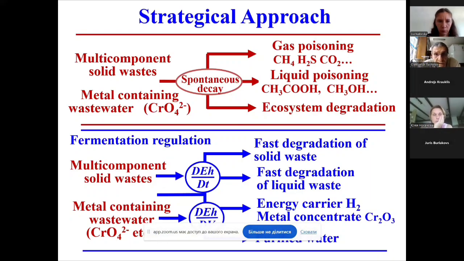So let's summarize: nowadays we have the problem of multi-component solid waste and metal-containing wastewater. As an end result, we have the synthesis of a wide range of poison gases, liquid poisons, and, unfortunately, ecosystem degradation.